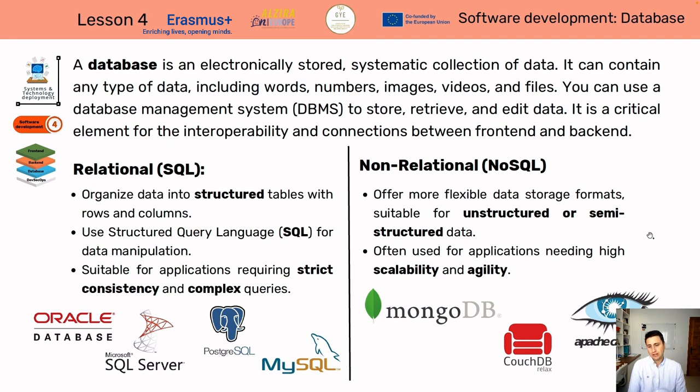In comparison to the relational SQL database, which can only work with structured tables with rows and columns, with non-relational or NoSQL, we can use several data models from different sources, both structured, unstructured and semi-structured data, and they tend to be quicker to work with and operate, so they are more agile and scalable than the SQL solutions. But the consistency is sometimes not as good as using a relational SQL.